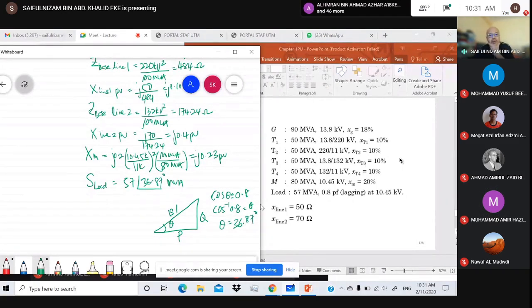So this is the complex power. The load is given in terms of complex power, 57 MVA. This is the apparent power; the magnitude of the complex power is the apparent power. So the angle is 36.87.